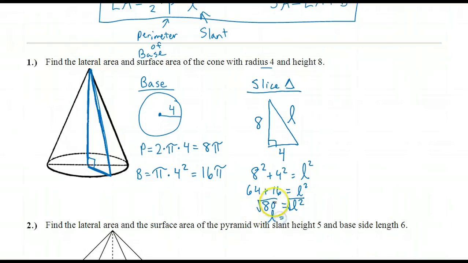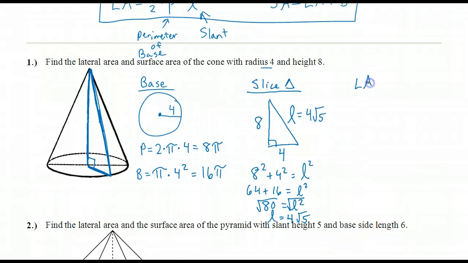L is going to equal the square root of 80. Well, I know that 80 can be divided by a perfect square. In fact, 80 can be divided by 16. 16 times 5 is 80, so the square root of 80 simplifies down to 4 square roots of 5. So my slant height is 4 square roots of 5.